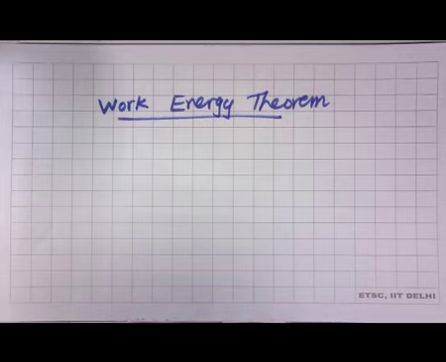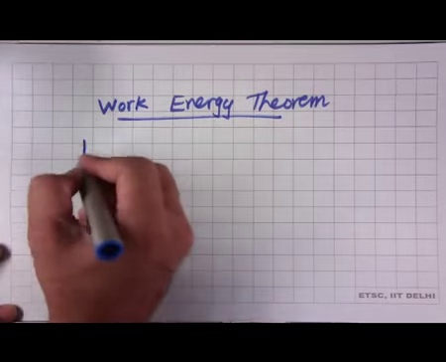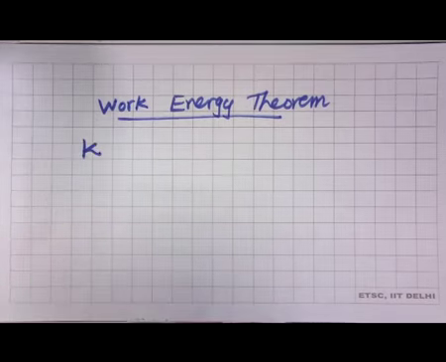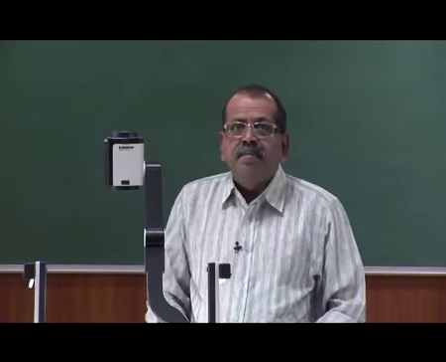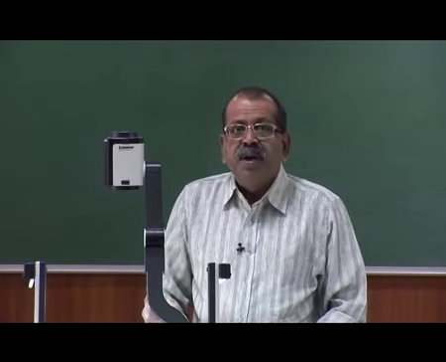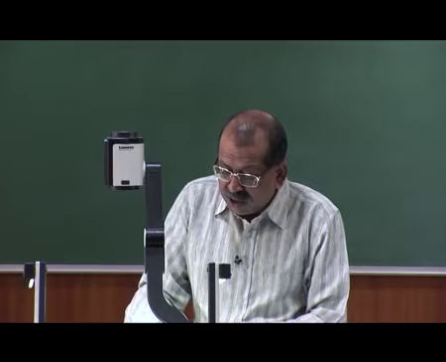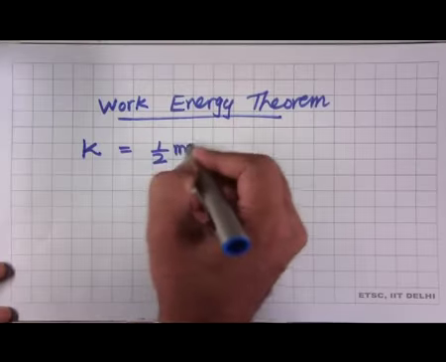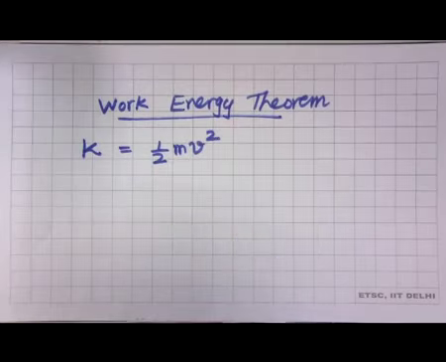We have seen the concept of kinetic energy: if a particle of mass m is moving with a speed v, the kinetic energy of that particle is given by half m v square.